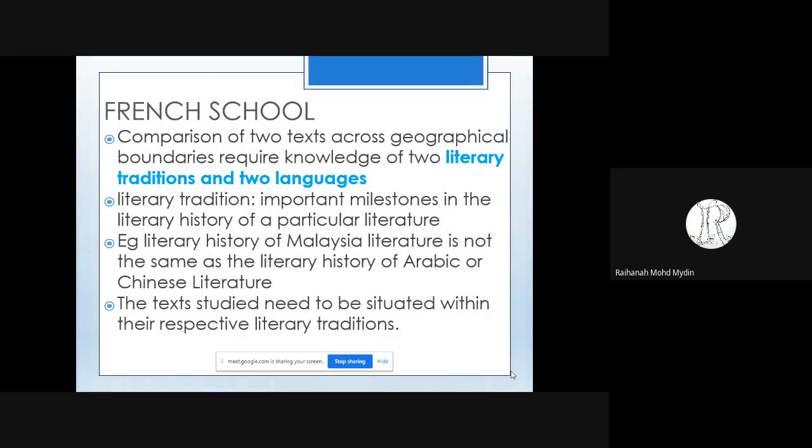So why is literary tradition important? It's just a text, right?